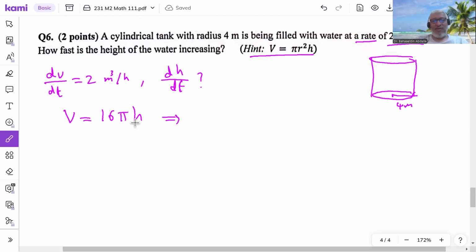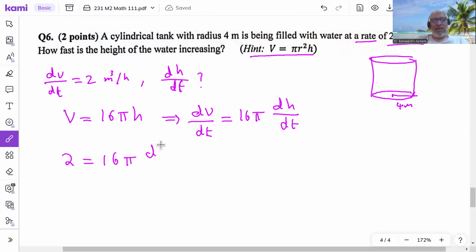So now I find the derivative with respect to t of both sides of the equation. So dV by dt, derivative of V, equals 16 pi, which is a constant, and derivative of H is 1 times dH by dt. Now dV by dt is 2, given in the question. 16 pi is a constant, and I need to find dH by dt.